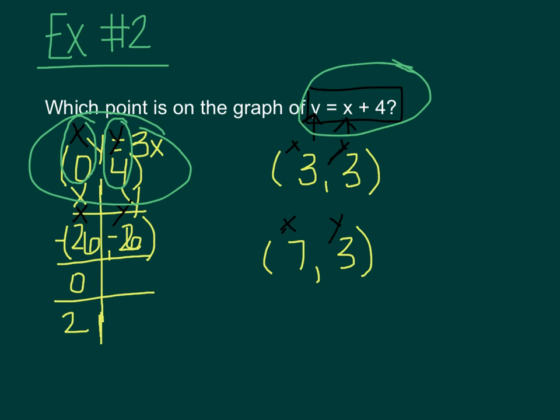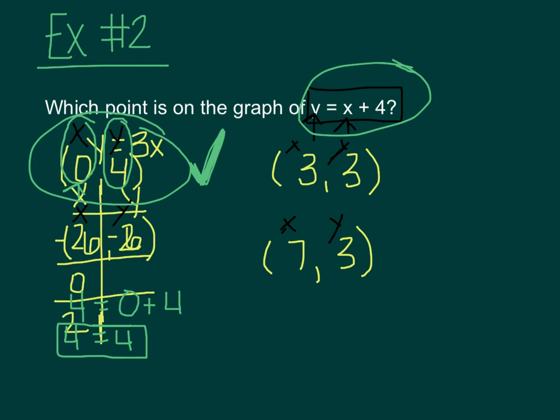So y, I'm going to put in a 4 equals, then I have x, so I'm going to put in 0 plus 4. And now I solve. 4 equals, I know 0 plus 4 is 4. Then I tell myself, is that true? Does 4 equal 4? Well, yes, it does.